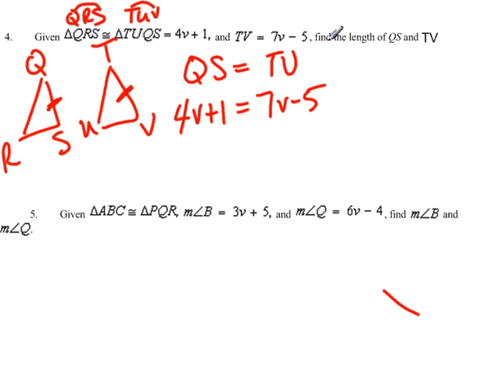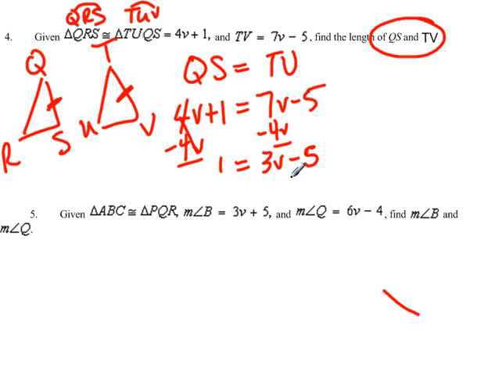It doesn't ask me to solve for the variable, it just asks me to solve for the two lengths. But in order to solve for either length, I must know the variable. So I'm going to subtract 4v from both sides. So I have 1 is equal to 3v minus 5. Add 5. So we have 6 equals 3v.